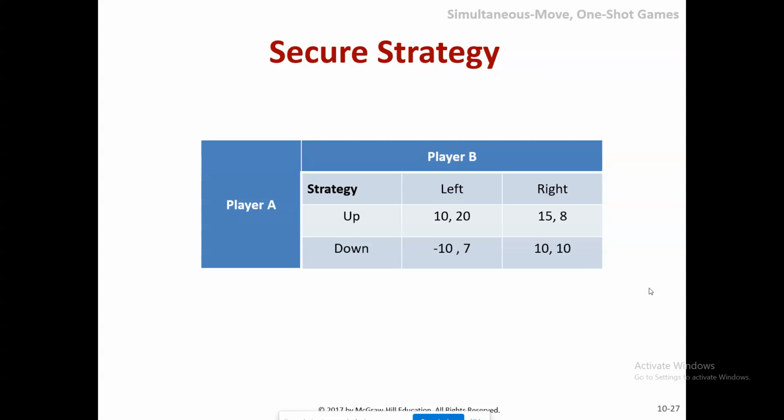B thinks, since I don't have a dominant strategy that gets me a higher payoff regardless of A's action, then let me think about the better payoff, assuming the worst scenario. If B chooses left, the worst payoff would be 7 when A chooses down. If B chooses right, the worst payoff will be 8 when A chooses up, since 8 is larger than 7.